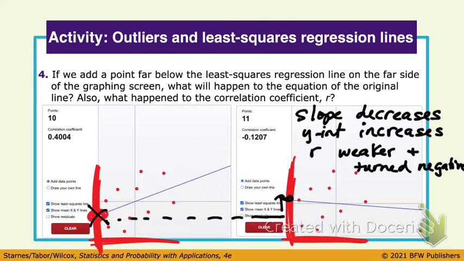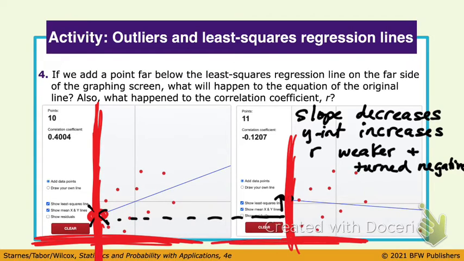How do we know what the y-intercept is? Think about a graph, right? We're thinking that this line on the far left is our y-axis, and the bottom here is our x-axis. So that's what we're considering our y-intercept, where the line starts on this graph.